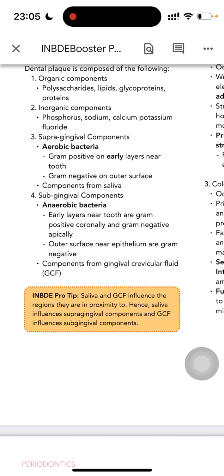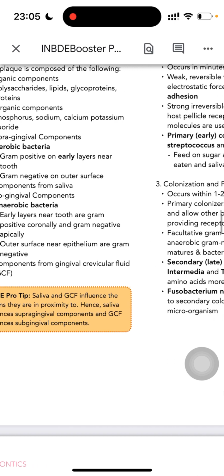Saliva and GCF influence the regions they are in proximity to. Hence, saliva influences supragingival components, and GCF influences subgingival components.